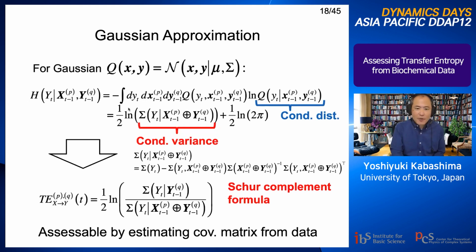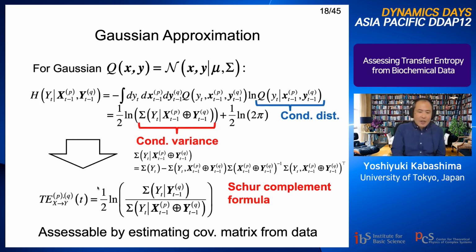This is the general formula of the conditional entropy, but for the Gaussian distribution, this can be expressed by the conditional variance. In general, the conditional variance is difficult to estimate from data.